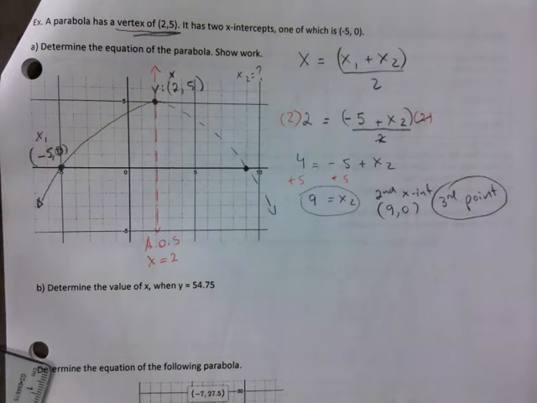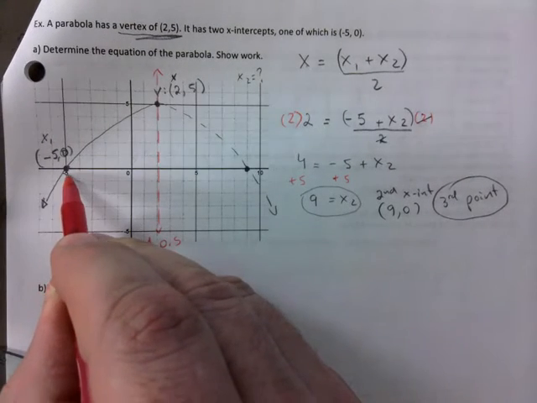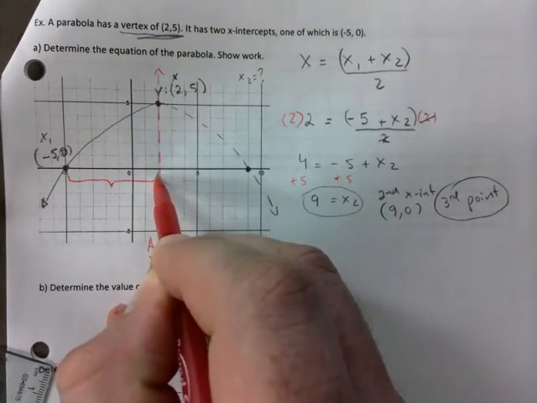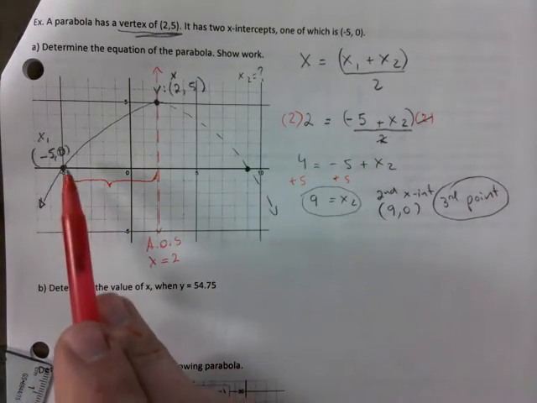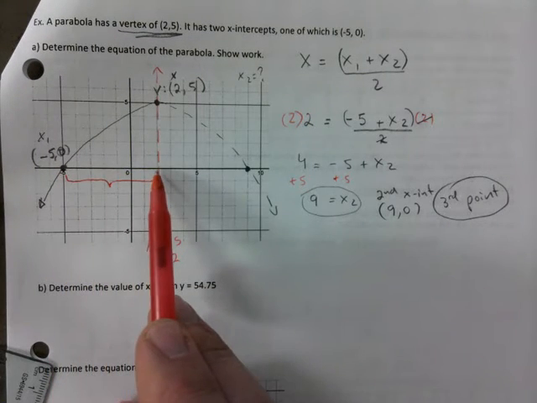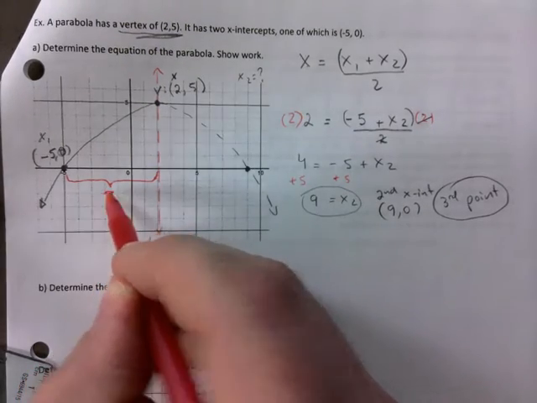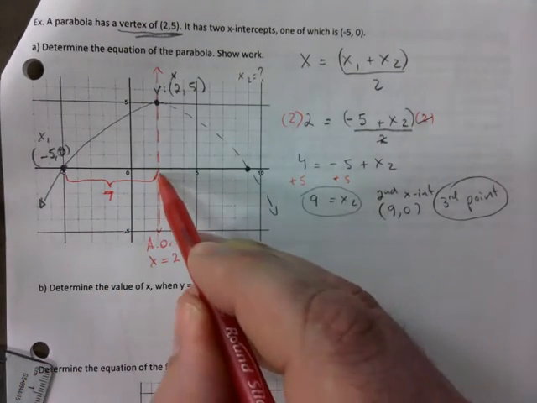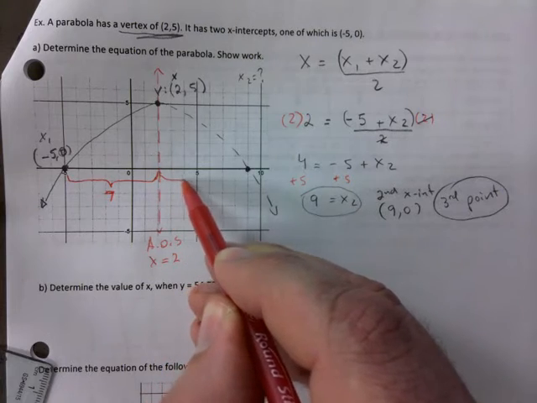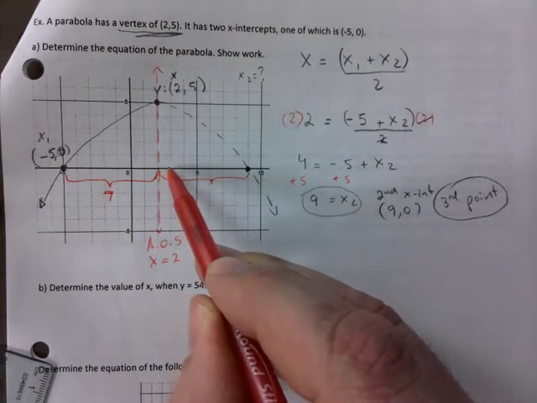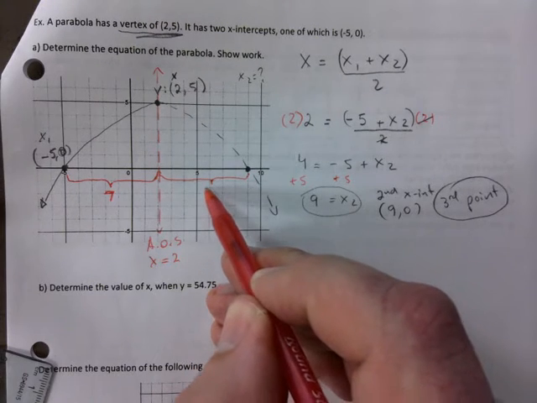Let's just do some mental math here. How many units is it from -5 to +2? 7, right? Okay, so 7 units. So it would stand to reason that from the middle to the other leg, it should be another 7, correct?